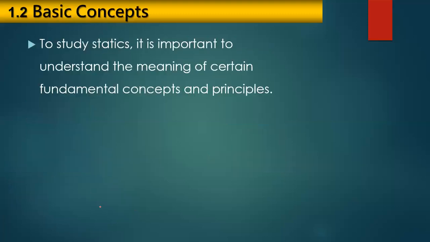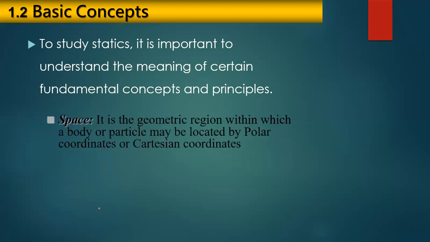All right, so we can also discuss some basic concepts which need to be understood before we start discussing statics in detail. Some of these concepts: you need to know what a space is.